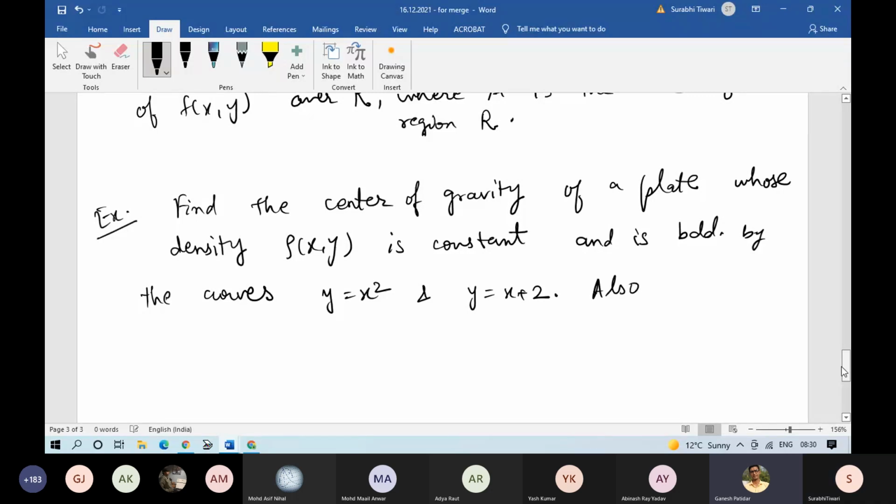Also find the moments of inertia about the axis.